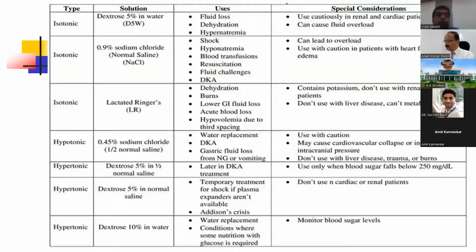This should be used with caution, and cardiac and renal patency should be there. And dextrose more than 10% in water should be used as water replacement therapy. Then it can also be administered where some nutrition with glucose is very much required.